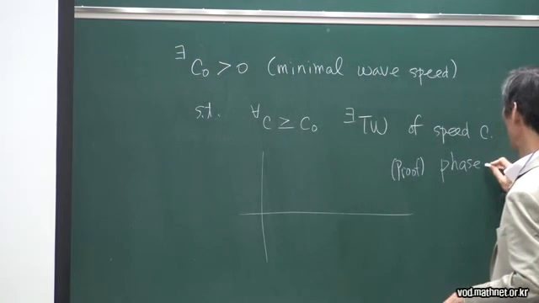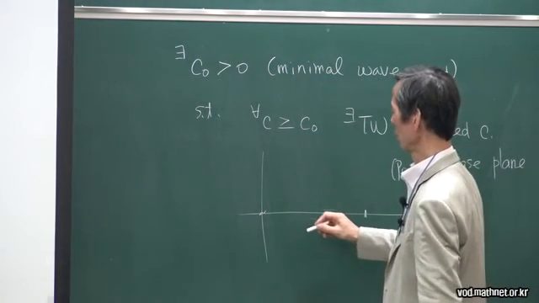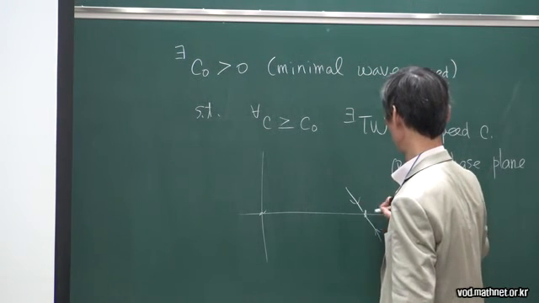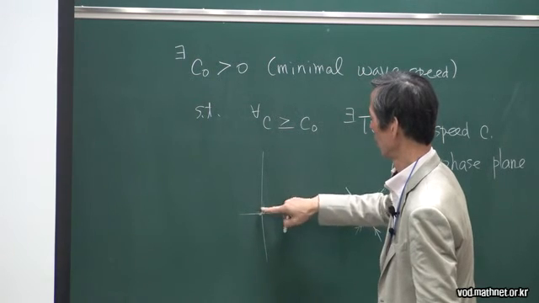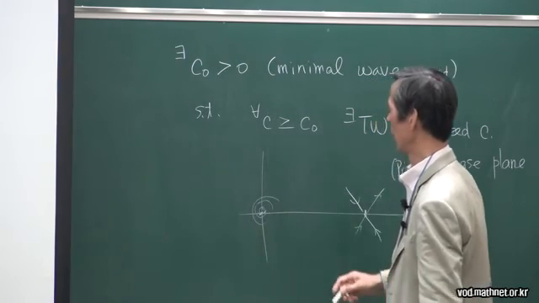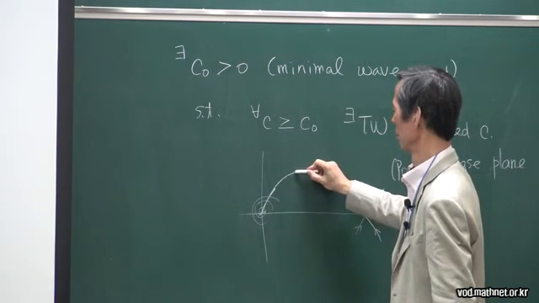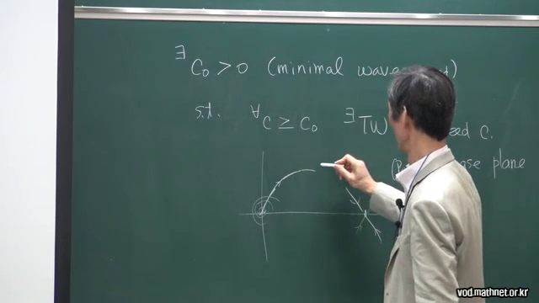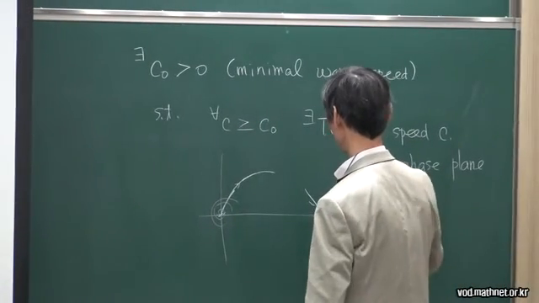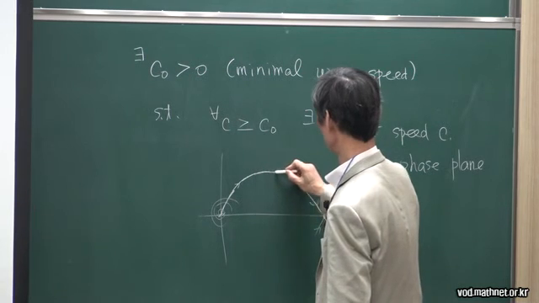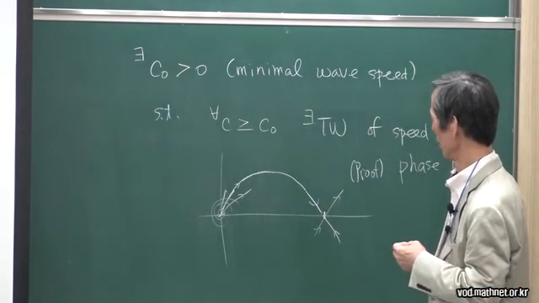I'm not going to prove it now, but by using the phase plane, you can show that it is a spiral here for C equals 0, but for certain C, it becomes something else.